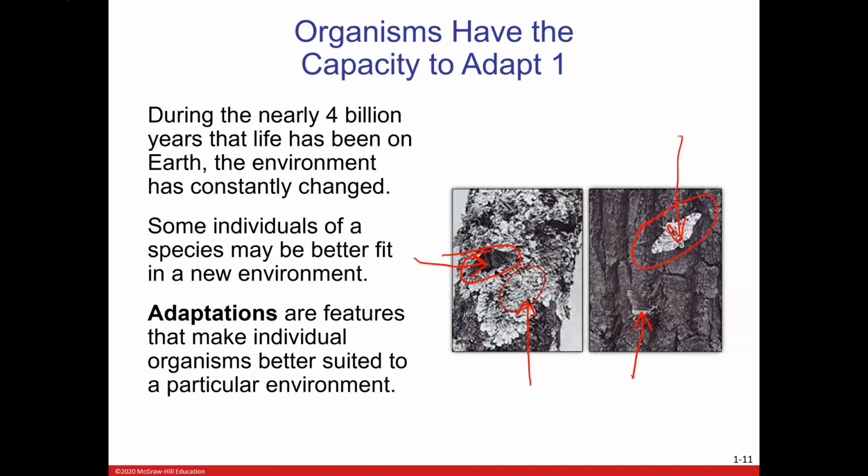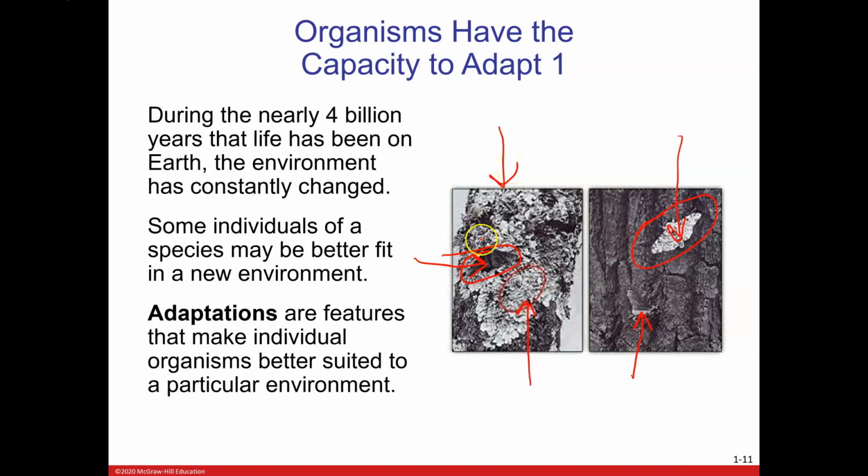So as the environment changed and soot was laid down during the Industrial Revolution, trees got covered in that soot, and different types of these moths were more likely to be seen and picked off by birds. And so they evolved from one color.